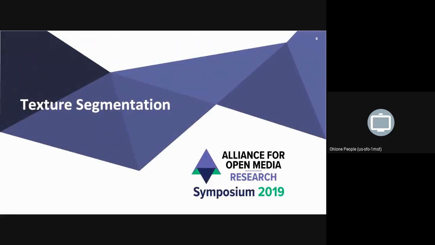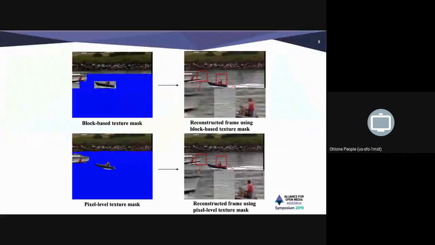All right, in the first part, I'm going to talk about how we can spatially identify these regions. We investigated two types of approaches. In our previous work, we tried to adhere more to the codec structure using block-based approaches. One thing we noticed is that depending on where the blocks are, there may be partial overlap with these texture regions we'd like to skip encoding, and then there could be some visual artifacts.